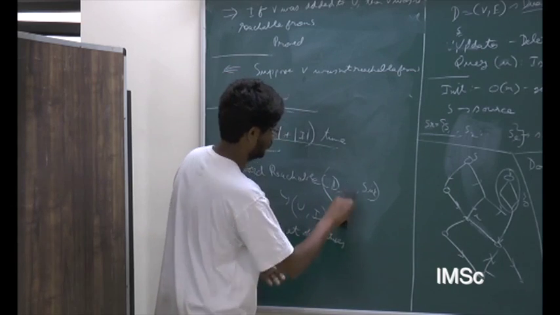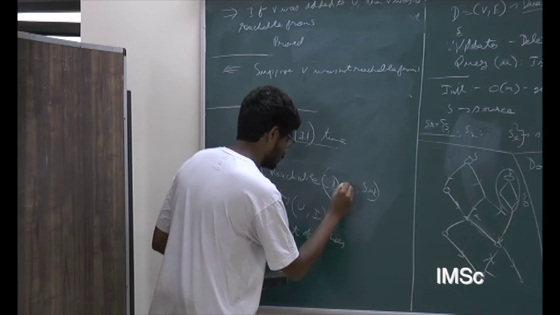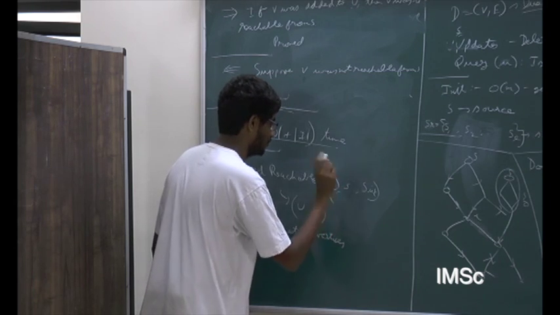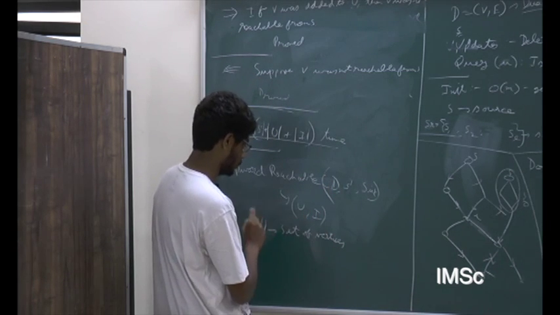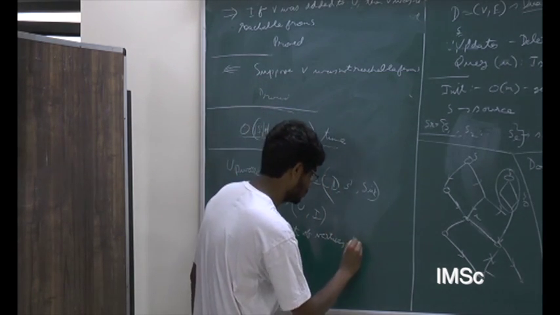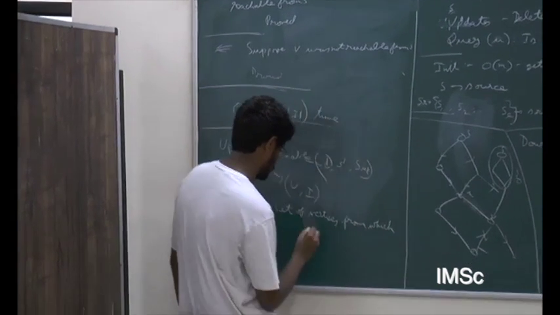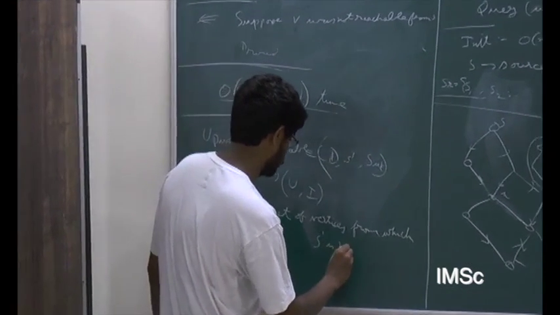Let's just call this S. I'll call it S prime. So u is the set of vertices from which S prime is not reachable.